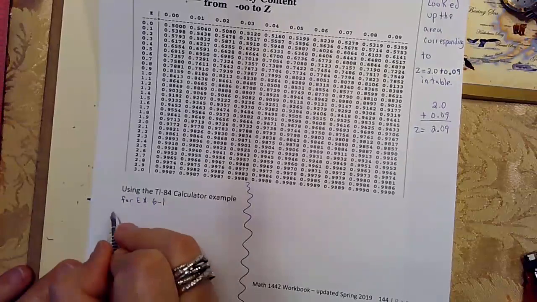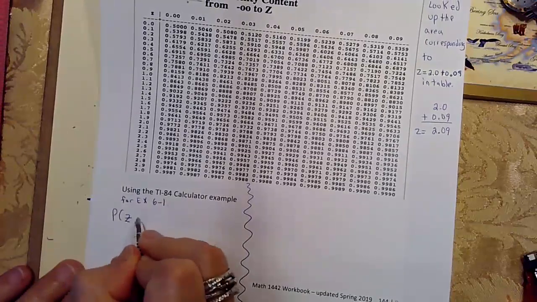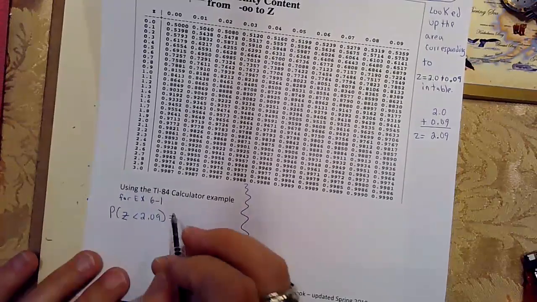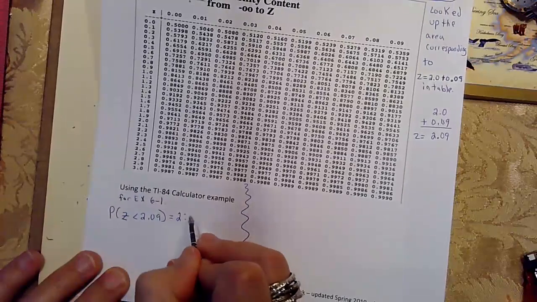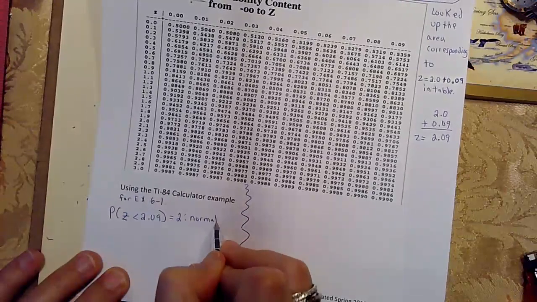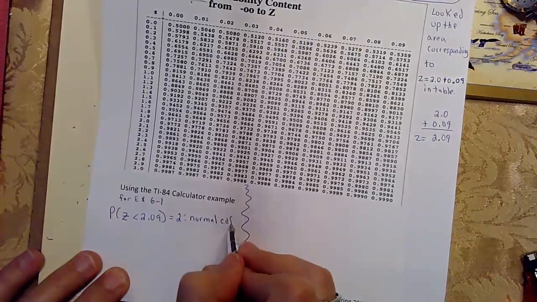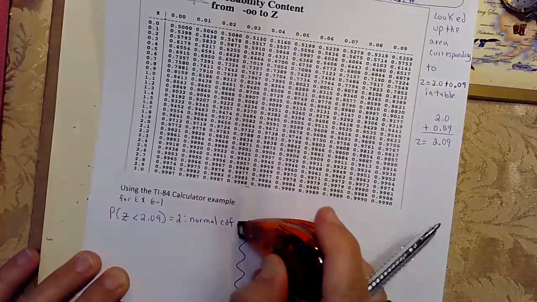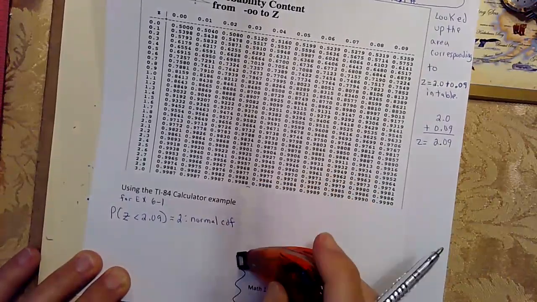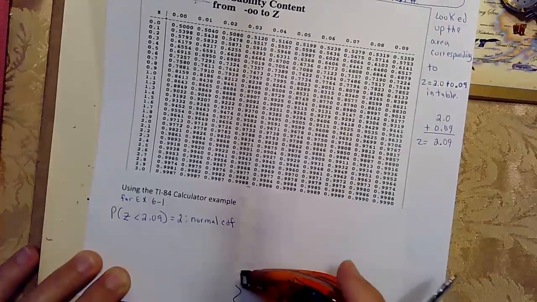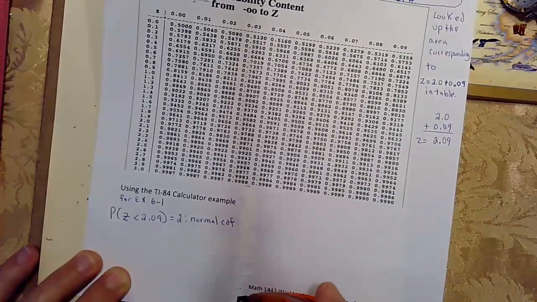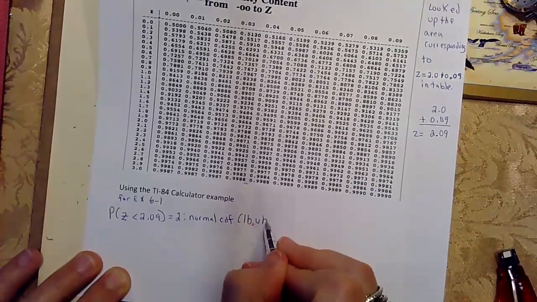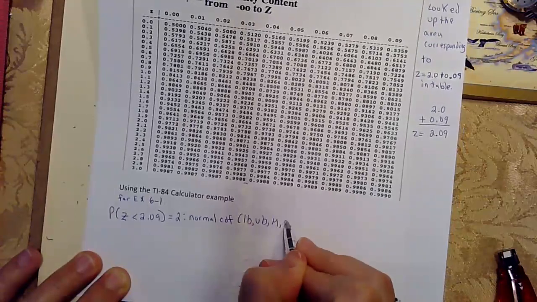So we still start off with probability Z is less than 2.09, but then here's the calculator command. Number 2, normal CDF. Oh, now I know. I wish I hadn't done that. I have to erase this. Lower bound, upper bound, mu, and sigma.